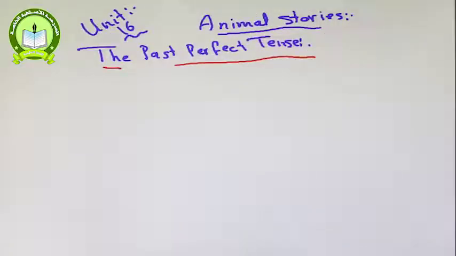We are going to talk about another connector, but this connector is a bit different. It's called until, which means till. In Arabic, it means حتى أو لغاية. I know this, you know it, but until in Arabic means حتى. So how can we deal with this?